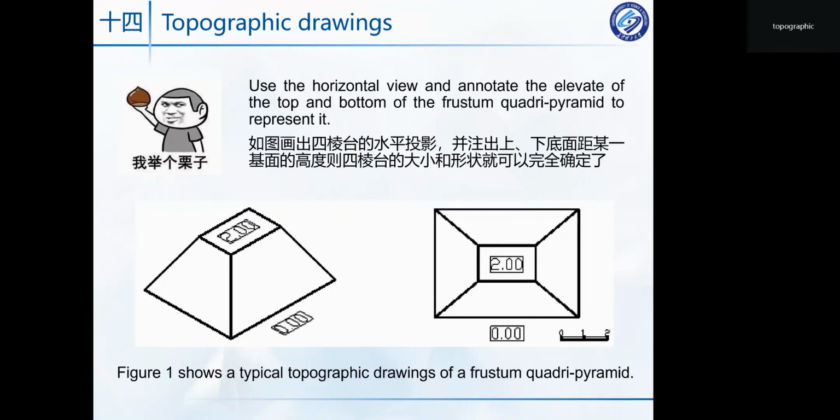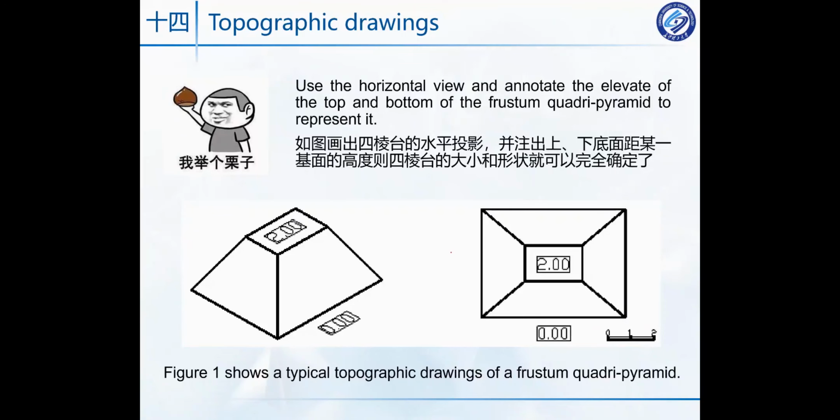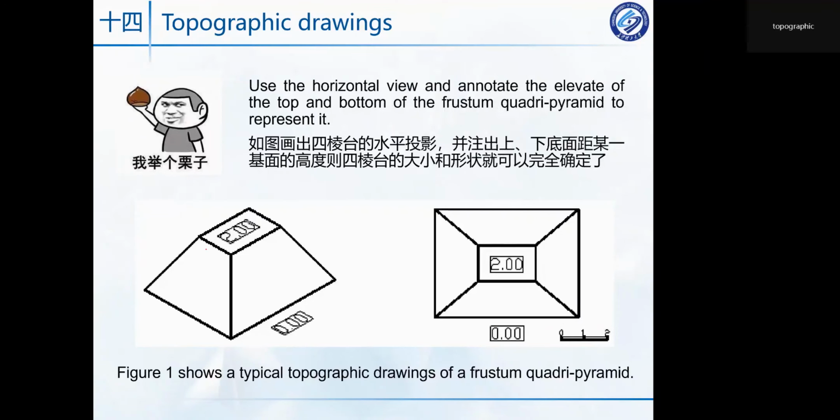And here you have to use the scale ruler to tell others the length and the width of this shape. Okay, so that is a way to represent a quadrilateral pyramid.